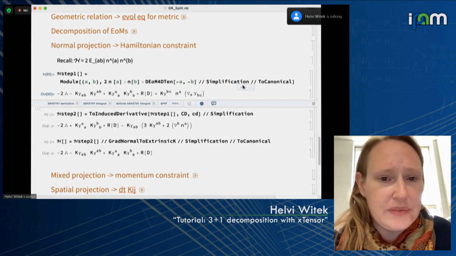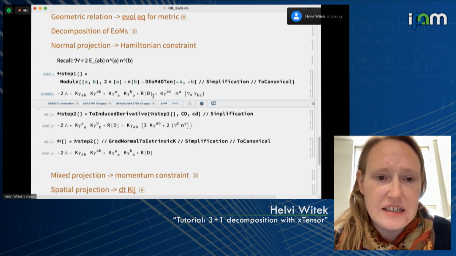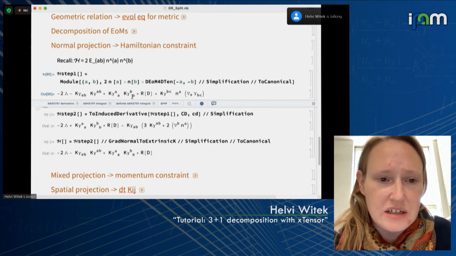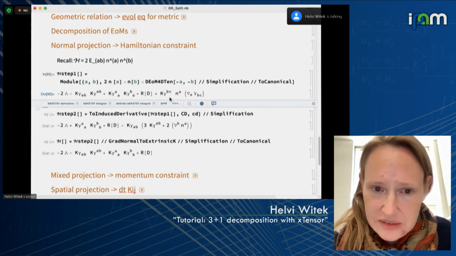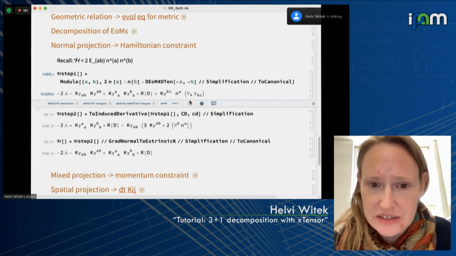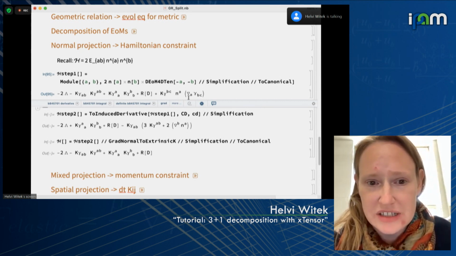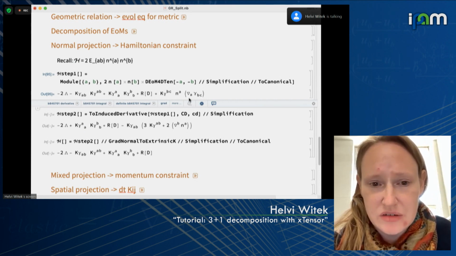Here we see our three-dimensional Ricci scalar, with the D indicated as being the Ricci scalar with respect to the induced metric. We have our extrinsic curvature here. And we still have one derivative that we may not like completely, because here we still have a four-dimensional covariant derivative with respect to the four-dimensional metric.